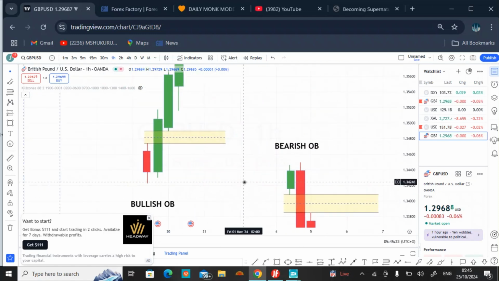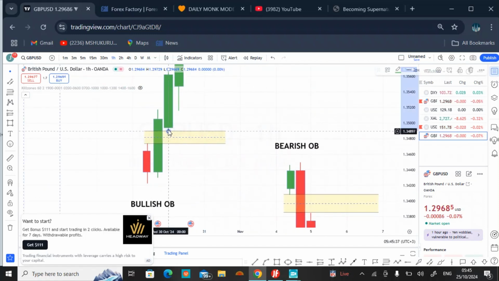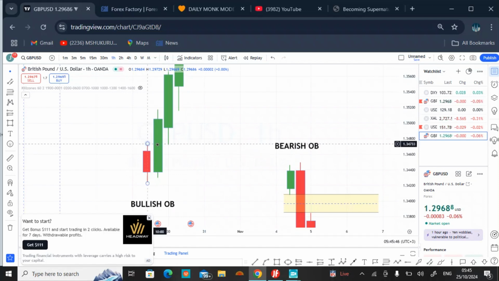So for example, we could have seen something like this happening: no gap here. If this wick has come into contact and filled this gap here, we would not consider this an order block.